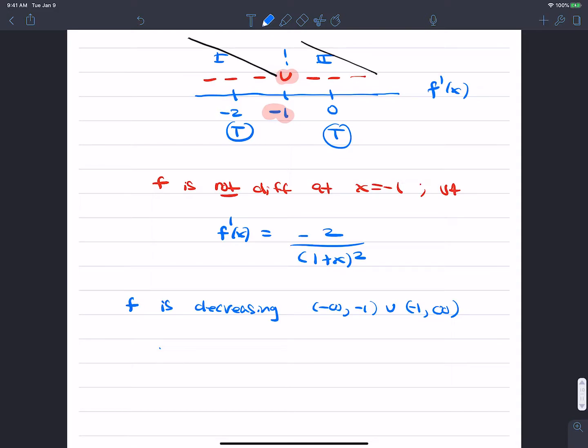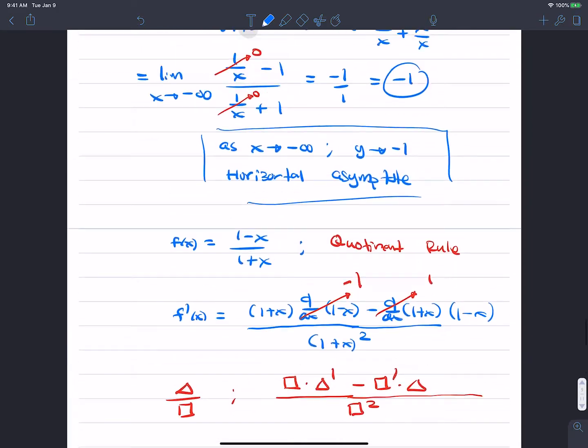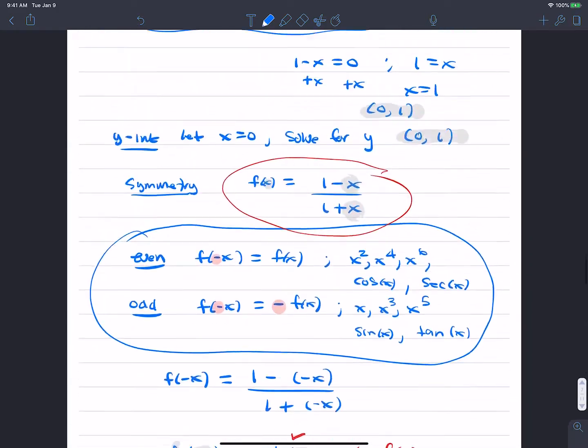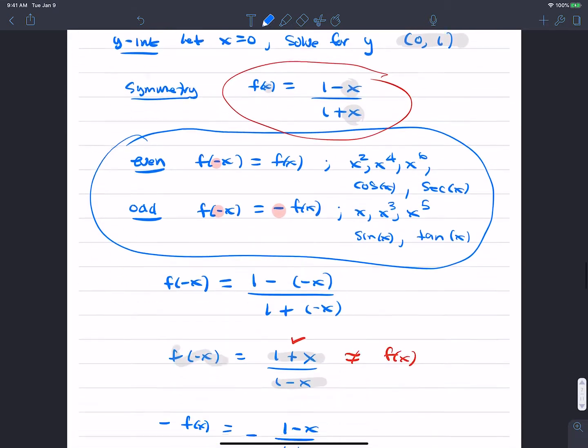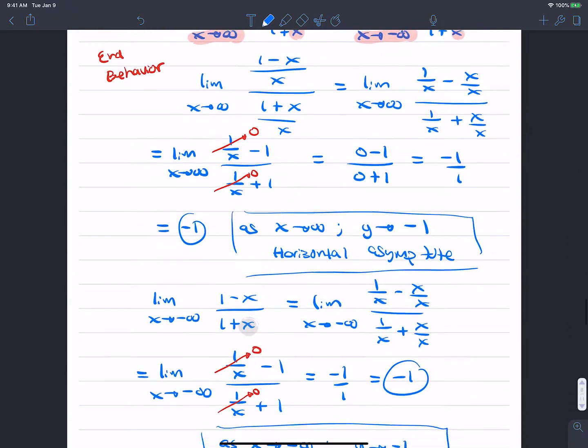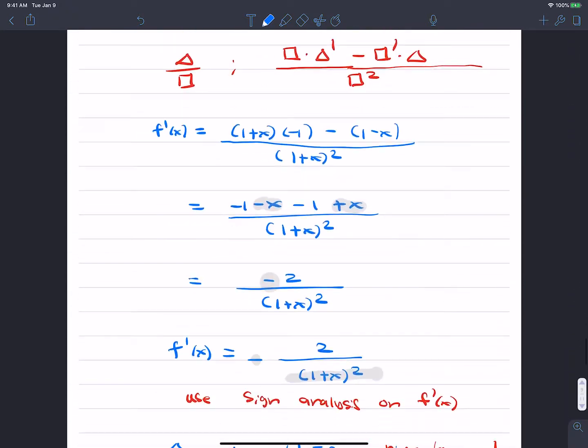Let me also say something about your curve here. What comes next after increasing, decreasing in your curve sketching guidelines? We have to go back and talk about the local max, local min values. Does it satisfy our definition of having a local max or a local min?